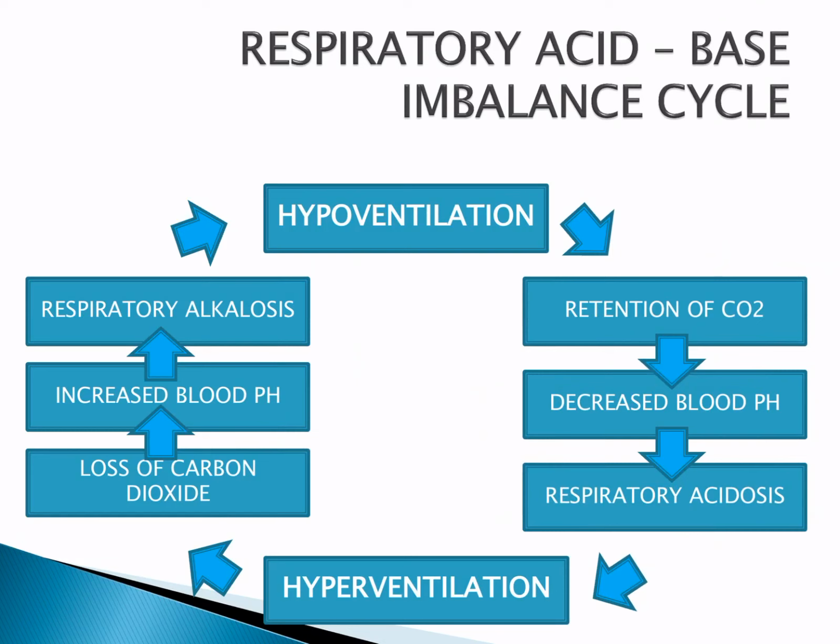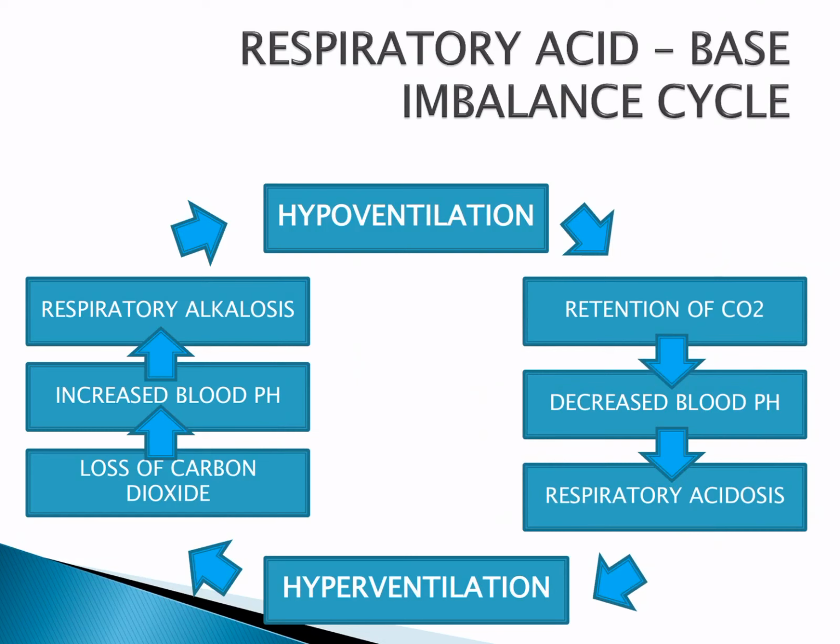So we have here a respiratory acid-base imbalance cycle. For example, your patient is experiencing hypoventilation, meaning there is shallow respiration, okay, below the normal rate. So if the patient is experiencing hypoventilation, there will be retention of carbon dioxide because that patient could not exhale that carbon dioxide.